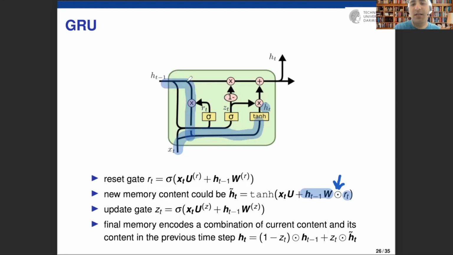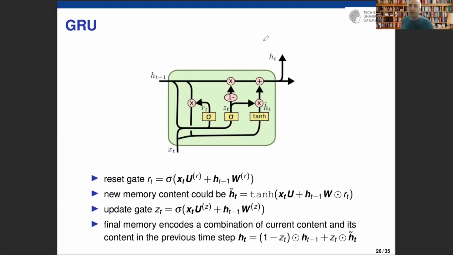Which is h_t minus 1 times matrix W, and also point-wise or element-wise multiplication by the reset gate. So you say that if we reset this value and combine some part of the memory with the current input token, what would be the output? What would be the content of the memory? So this is tilde H_t. Now let's clean it.